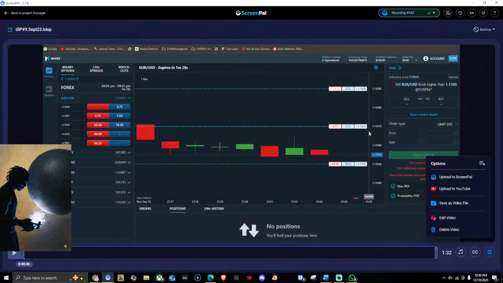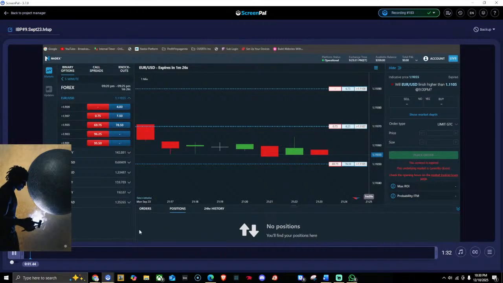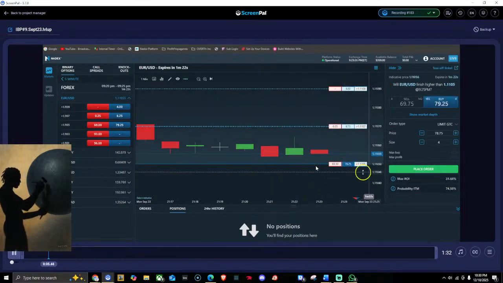So right before we even get into anything, we can see that the market's already established itself inside of one zone, in between the 1107 strike and the 1105 strike. Right now, according to the pricing, the market is favoring the buy position. Let's press play. Okay, let's take a look at the floor.